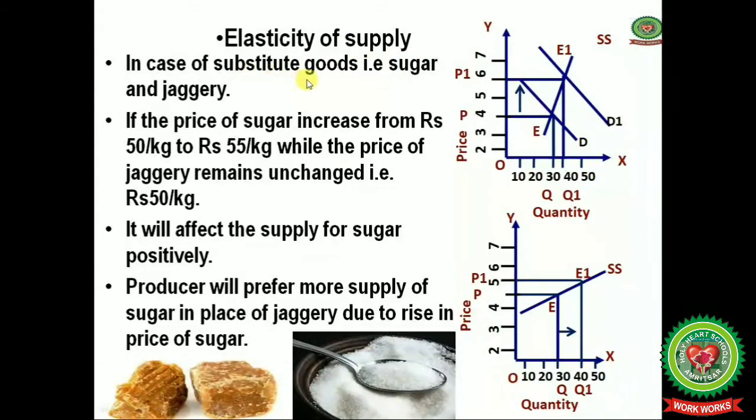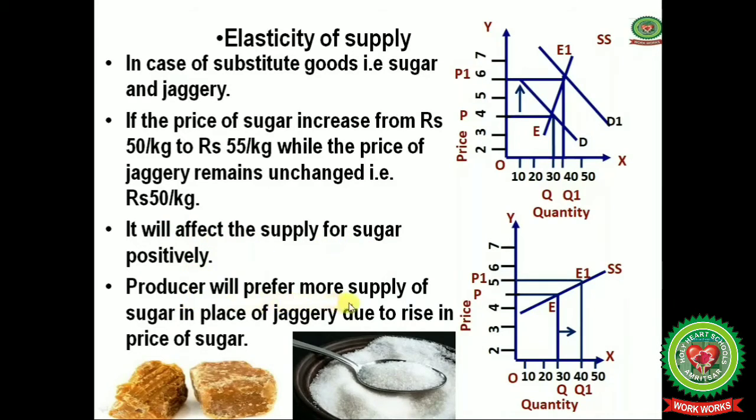In case of substitute goods like sugar and jaggery, tea and coffee, Coke and Pepsi, these are examples of substitute goods. Now if the price of sugar increases from rupees 50 per kg to rupees 55 per kg while the price of jaggery remains unchanged, that is rupees 50 per kg, it will affect the supply of sugar positively.